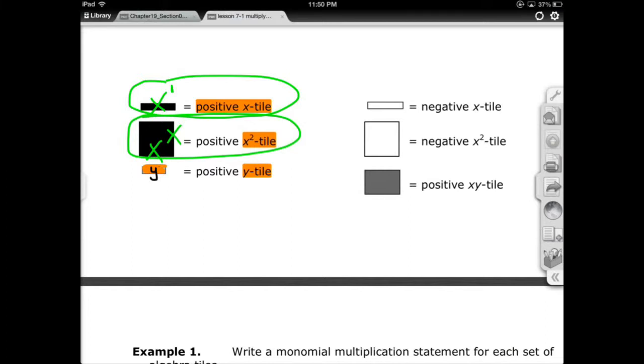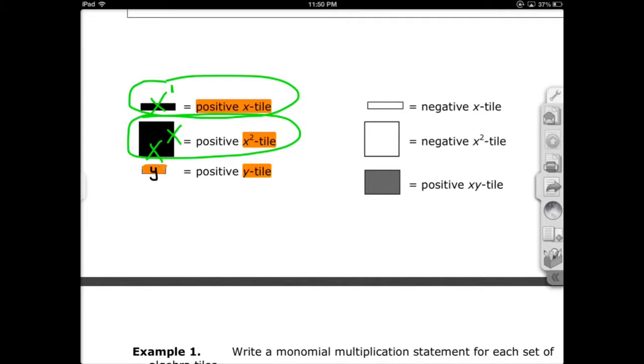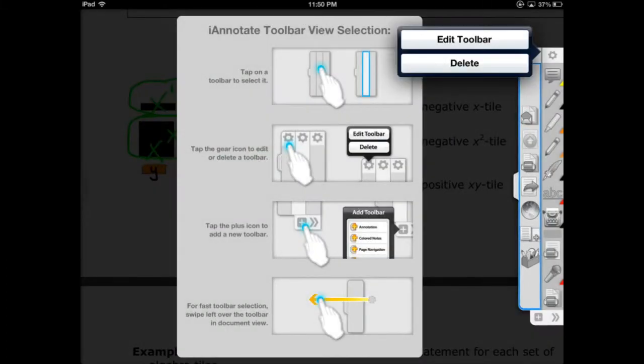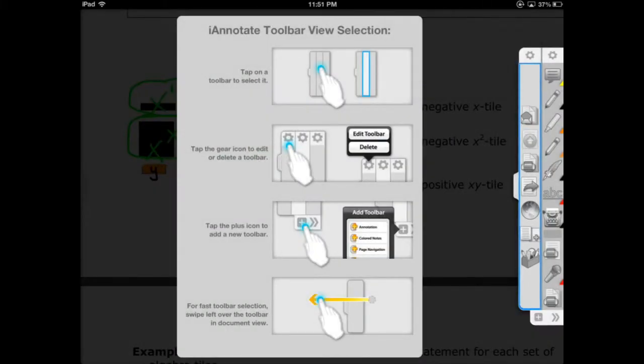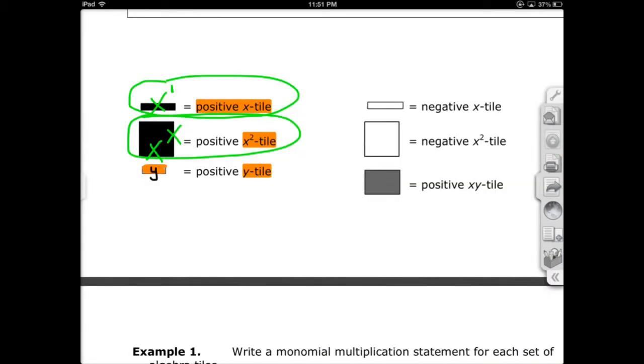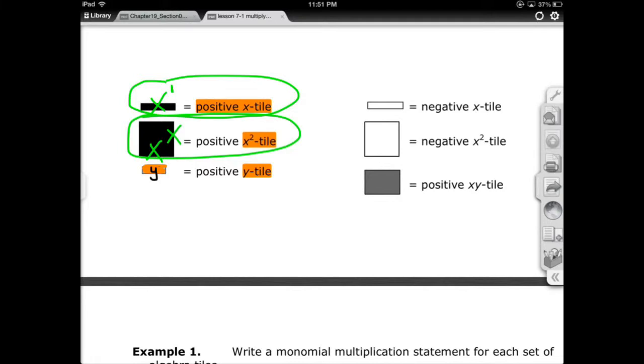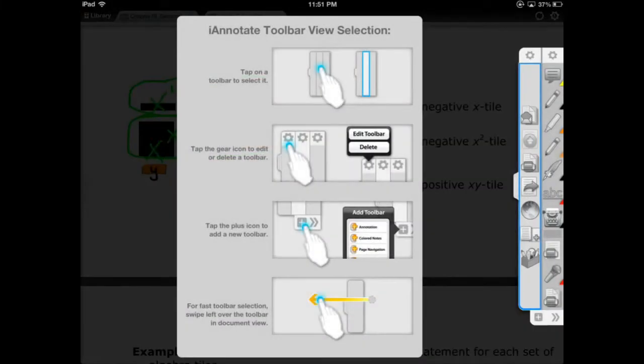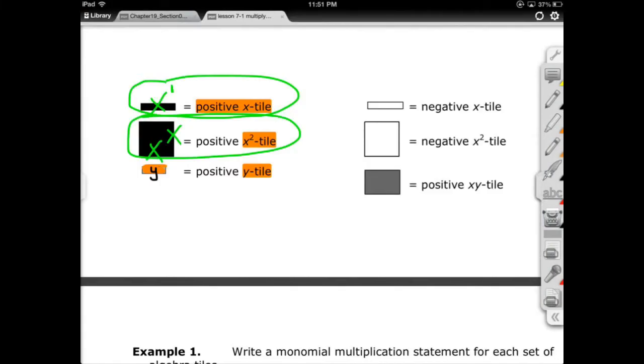A naming convention that's really important, something that you need to be, oops, don't want to be editing my toolbar, thank you very much. One of the things that we want to be working with here is, just have to get my toolbar back. There we go. Dark colors, or any colors at all, we'll consider to be positive.